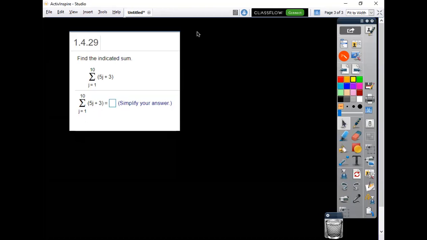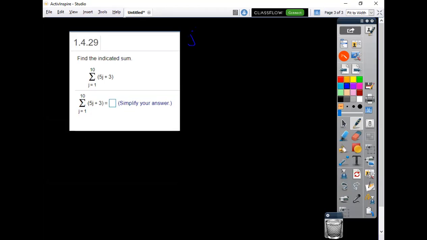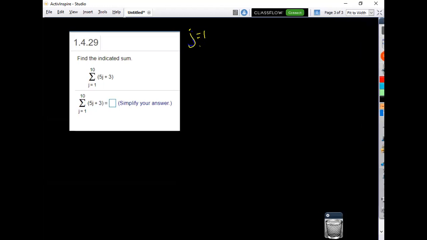When J is 1, 5 times 1 is 5 plus 3 would be 8. And then 2, 13, and then 3.